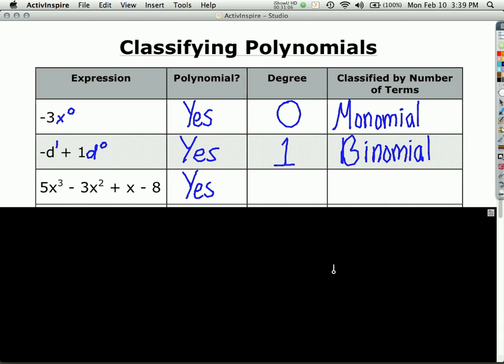Caleb? Yeah. Highest exponent is 3. It's a 3rd degree polynomial. What is its name? What is its name, Tristan? Polynomial. We don't have another name for it, so we just call it poly.